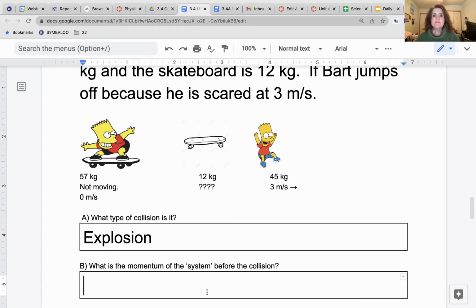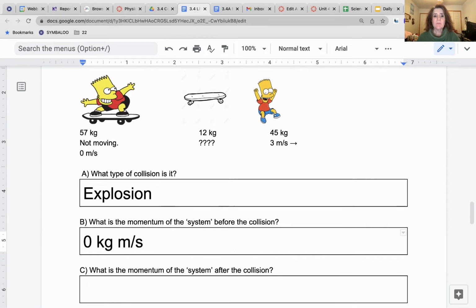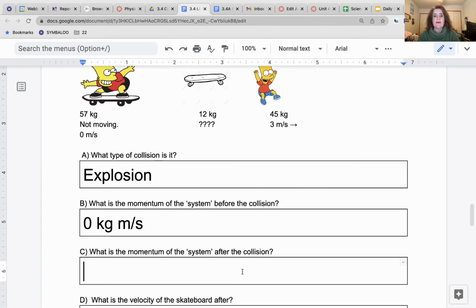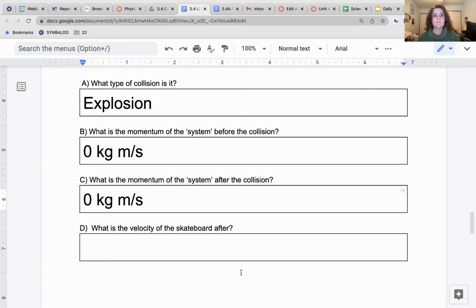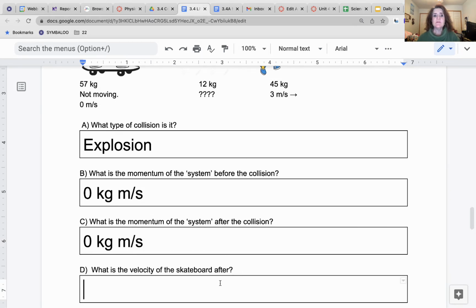The momentum of the system before the collision is 0 kilogram meters per second because nobody is moving. What is the momentum, therefore, after the collision? Again, it is 0 kilogram meters per second. The law of conservation of momentum says that the momentum before has to equal the momentum after. And finally, we have to find the velocity of the skateboard.